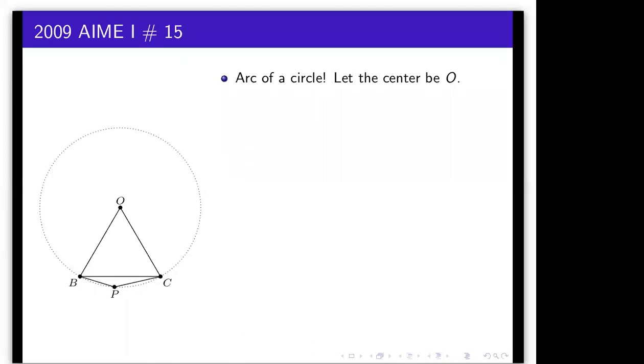Since BPC subtends an arc of 300 degrees, we can find BOC, where O is the center of this circle. BOC is 360 minus 300, or 60 degrees.